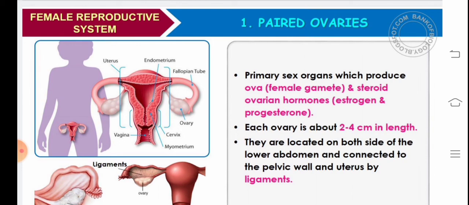The ovaries are located one on each side of the uterus in the abdominal region. The ovary is connected to the pelvic wall and to the uterus by ligaments.